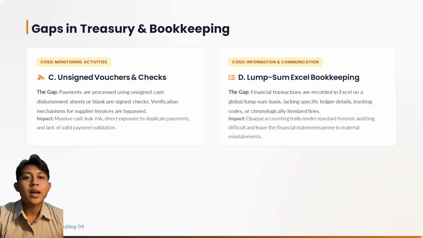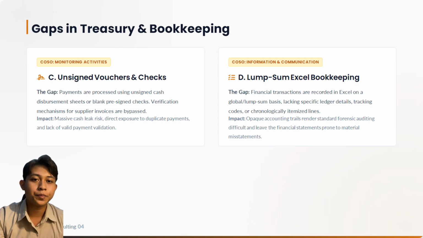This critical failure is directly linked to the COSO monitoring component. In a healthy system, monitoring should provide ongoing evaluation to ensure that internal controls are present and functioning as intended.